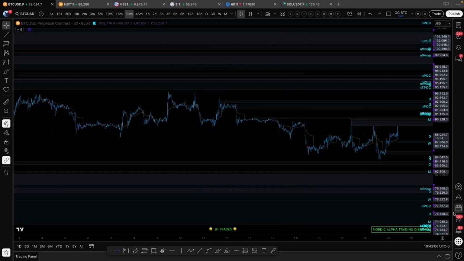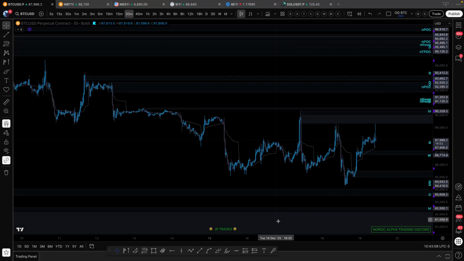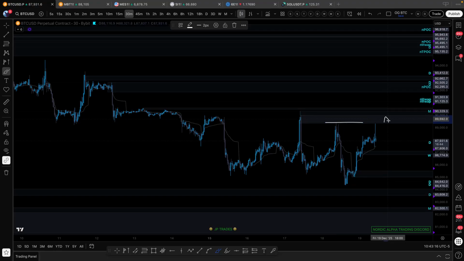Drop down to the 30. So clearly, sweep this high, come into this area, structure shift, take it back down, at least back down to here. If not, down to here, which leads me to these two setups.